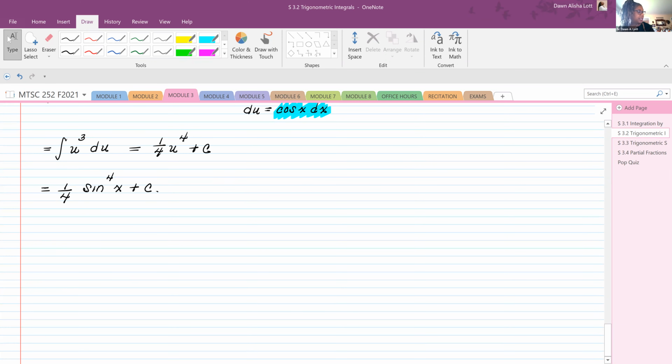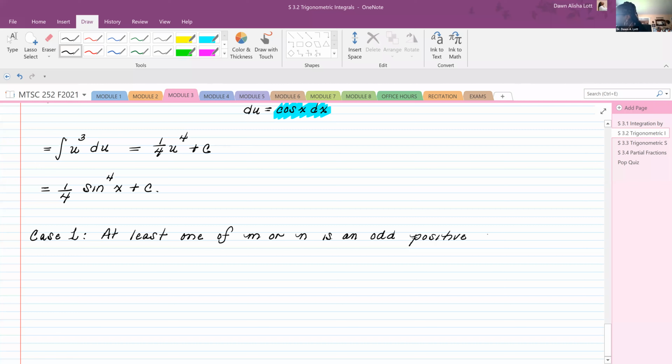So the first rule is that we have two different cases. The first case, case 1, is that at least one, could be both, of m or n is an odd positive integer. This is one of the easiest ones to remember.